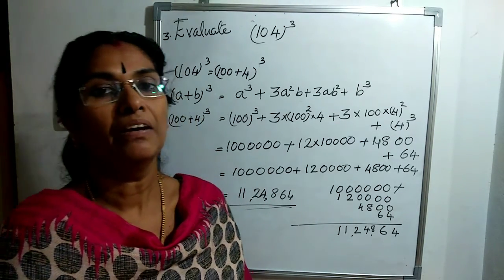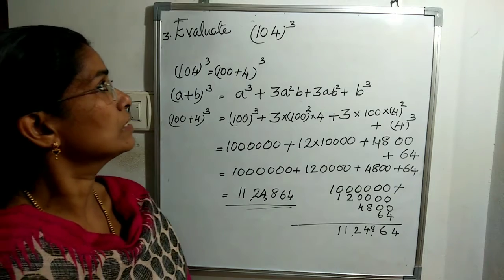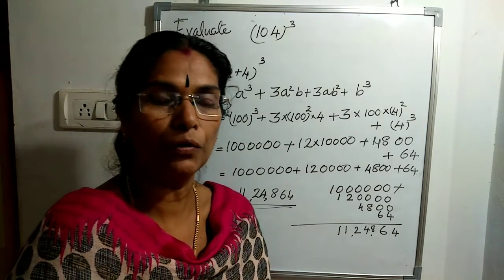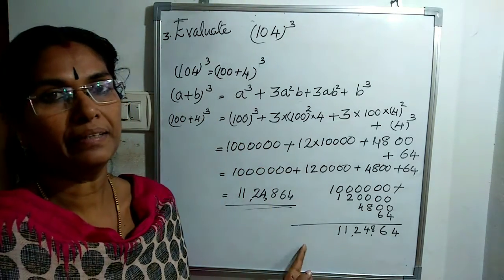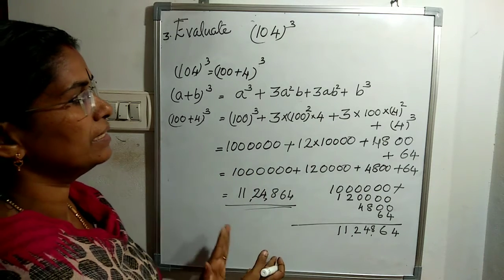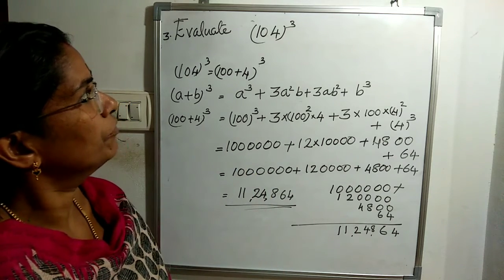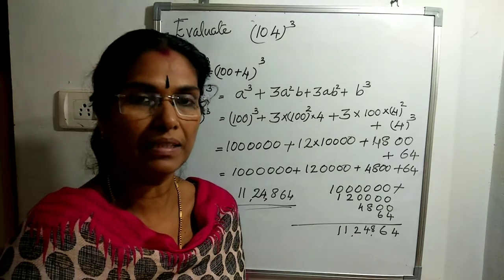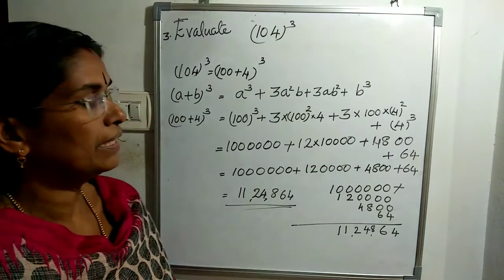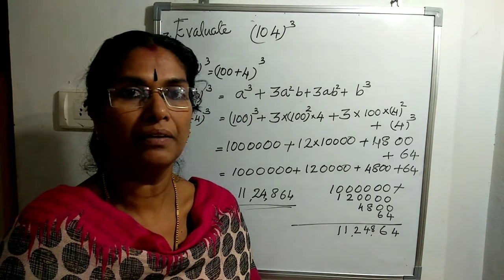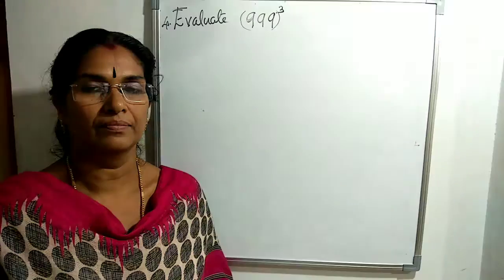Without multiplying, we found the value of 104 whole cube using the identity, that is evaluate. I think it is very easy. If you multiply 104 three times, it is a lengthy step. This method we can apply for finding 104 whole cube.